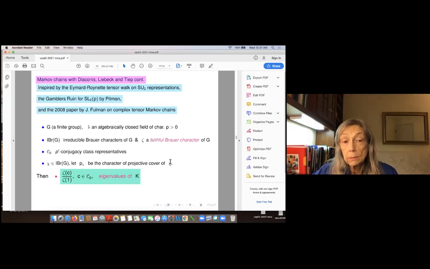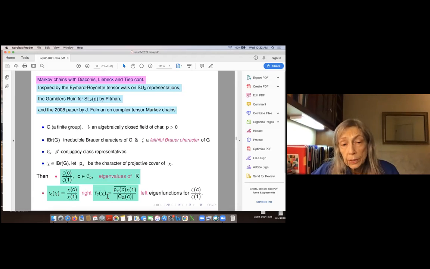And then we can say what the eigenvalues are. They're just ratios of the characters of the thing you're tensoring with over the trivial, evaluated at this conjugacy class. And these are the eigenfunctions. So these are functions that depend on chi. When you put in chi, you get either a left eigenfunction or a right eigenfunction.